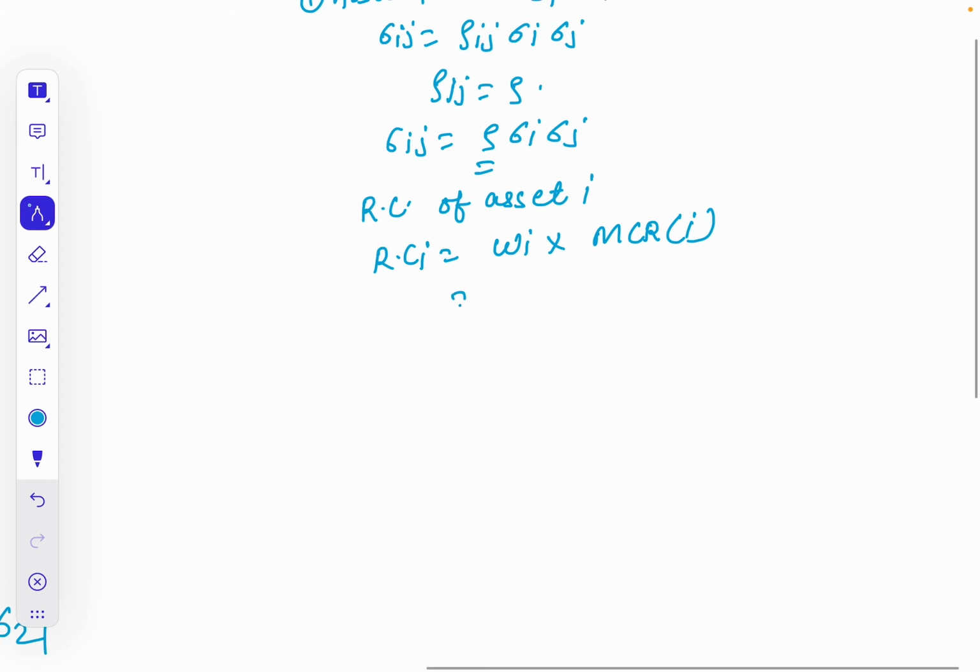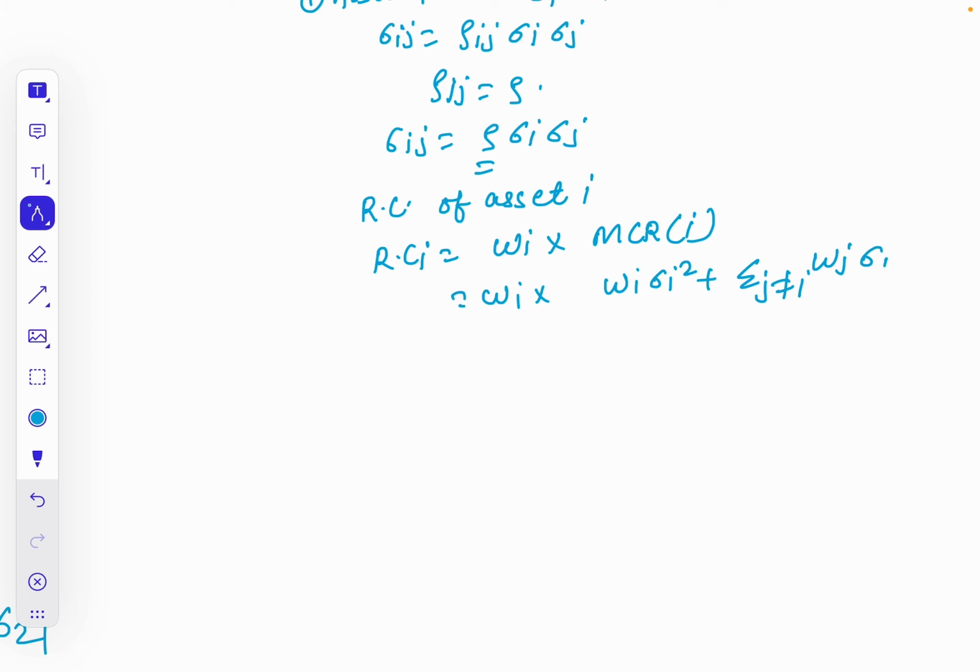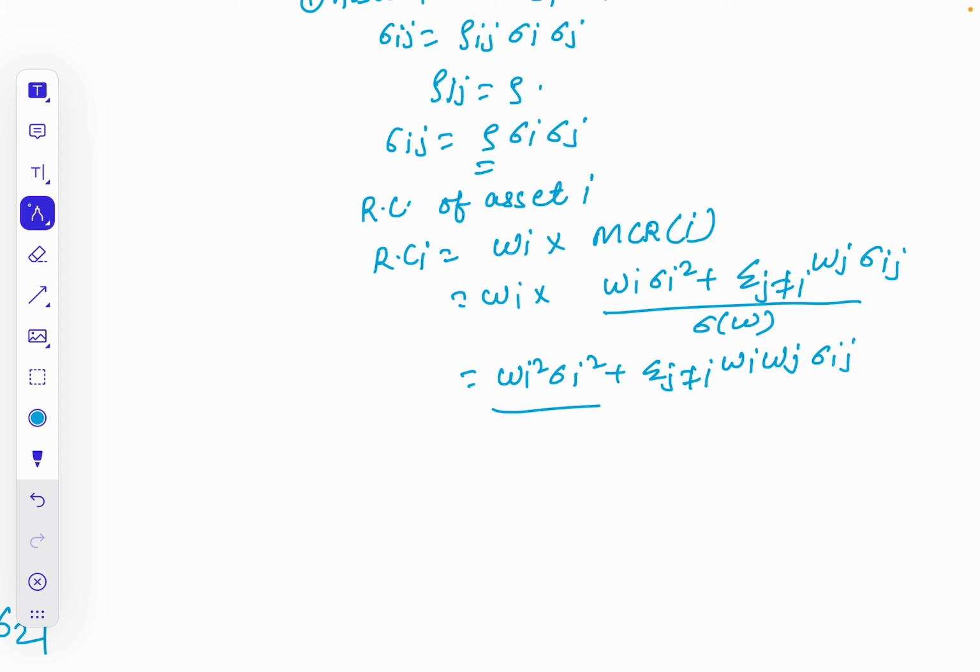That is weight i into sigma i square plus summation for all j not equal to i, weight of j into covariance of ij. Once you multiply it, you will get weight i square sigma i square plus, for all j not equal to i, weight j rho, divided by sigma w.